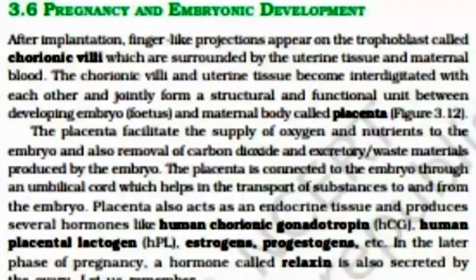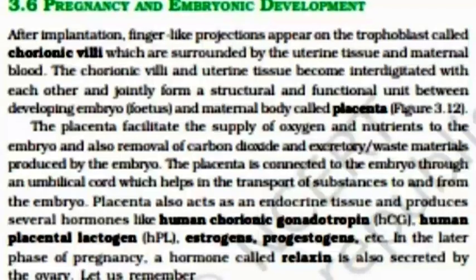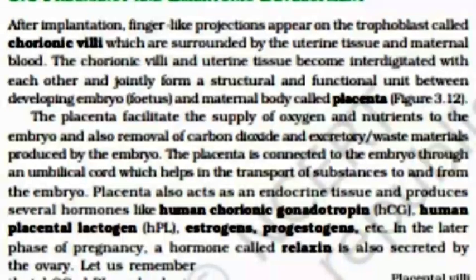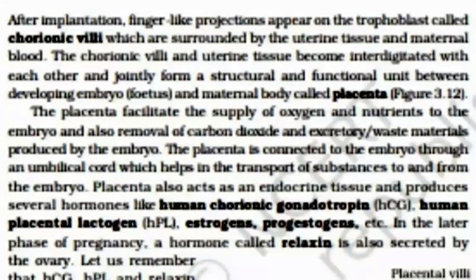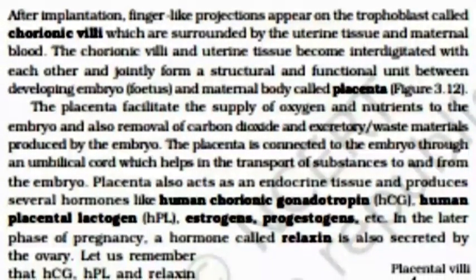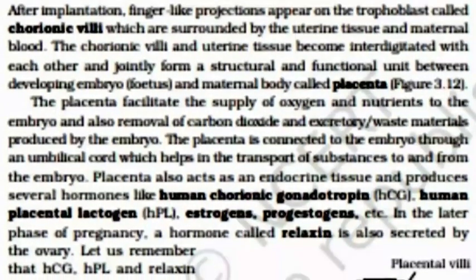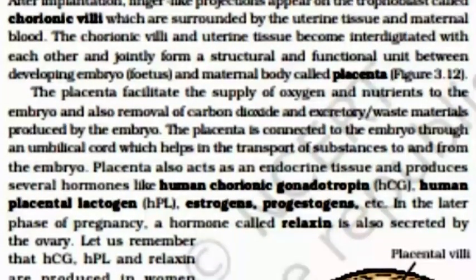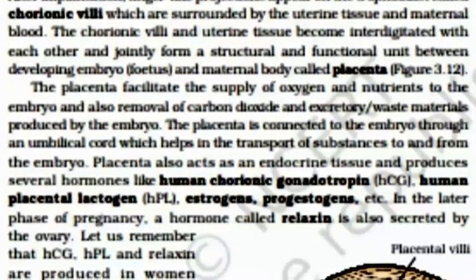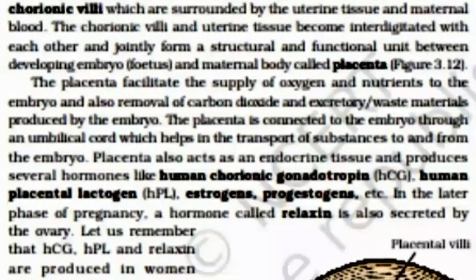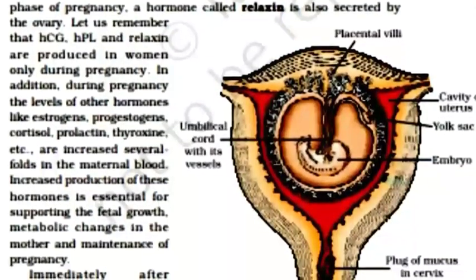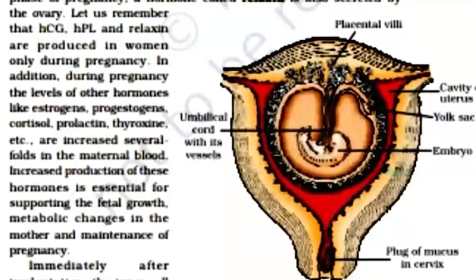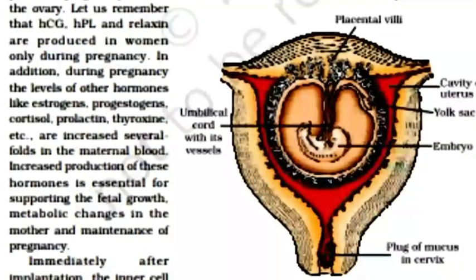Placenta also acts as an endocrine tissue and produces several hormones like human chorionic gonadotropin HCG, human placental lactogen HPL, estrogen, progesterone, etc. In the later phase of the pregnancy, a hormone called relaxin is also secreted by the ovary. Let us remember that HCG, HPL and relaxin are produced in women only during pregnancy.